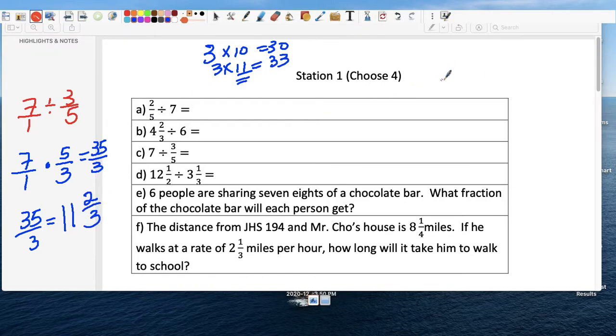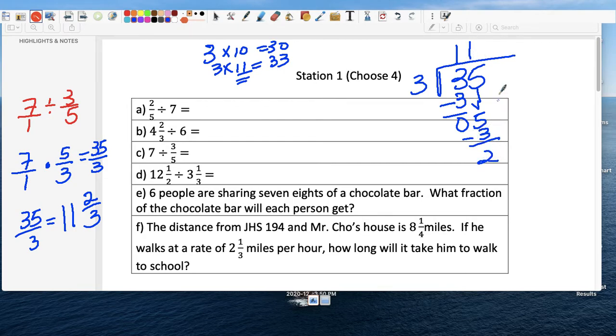If you want to do long division, you can do that too. 3 goes into 3 1 time. Bring the 5 down. 3 goes into 5 1 time again. 2 left over. So 11 is your whole number, 2 is your remainder, and your divisor is the denominator. Okay.